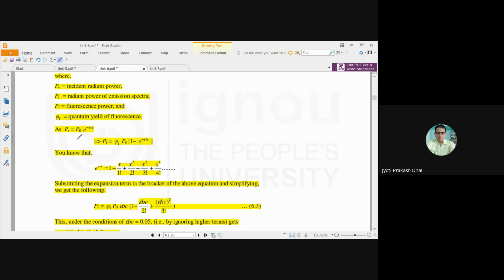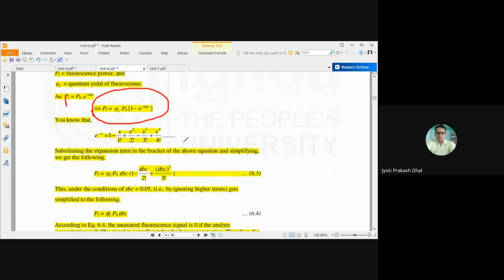And again we know that PT equals P naught into e to the power minus epsilon BC, which implies that PF equals phi f into P naught into (1 minus e to the power minus epsilon BC). By the series expansion, we know that e to the power minus x equals this much.